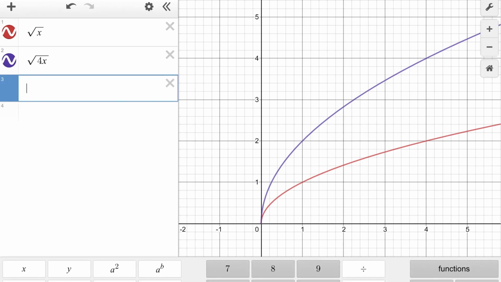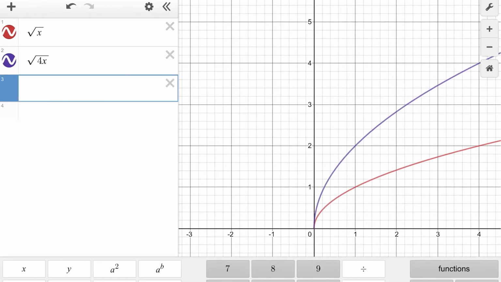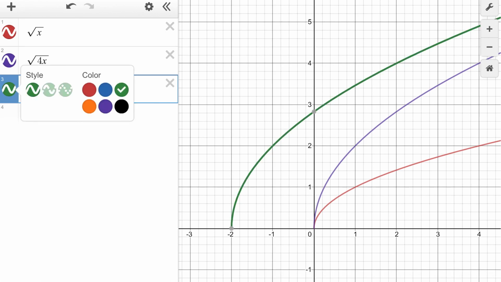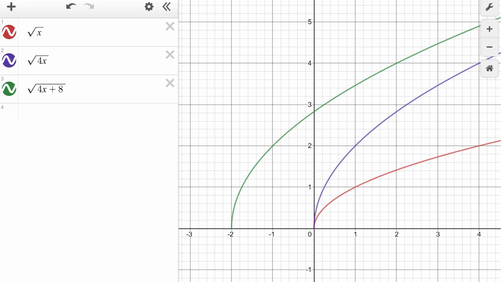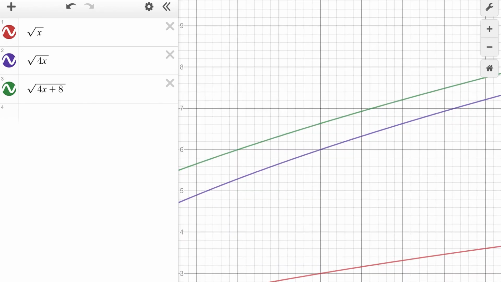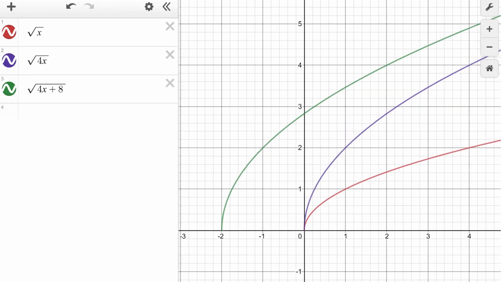And now I want to shift that to the left 2 units. And if I just write square root of 4x and then just put plus 8, you'll notice that it is in fact, let's make it a different color, it is in fact 2 units left of the purple graph. Even though it looks like the purple and green are getting closer and closer together, remember that's an optical illusion.